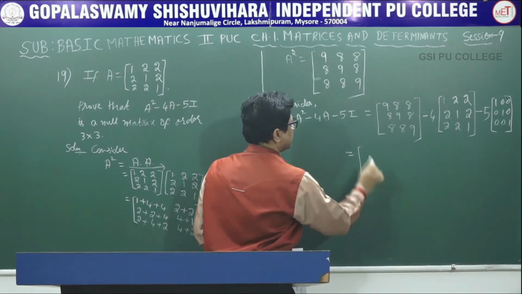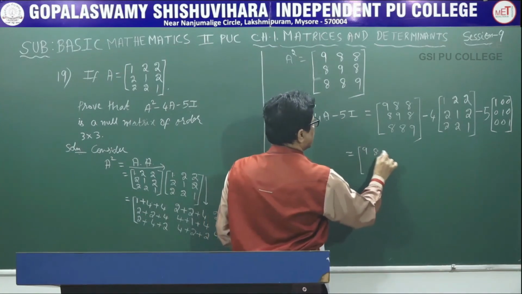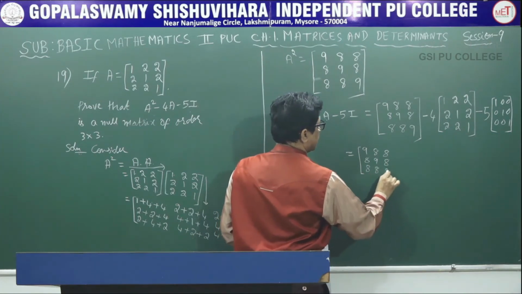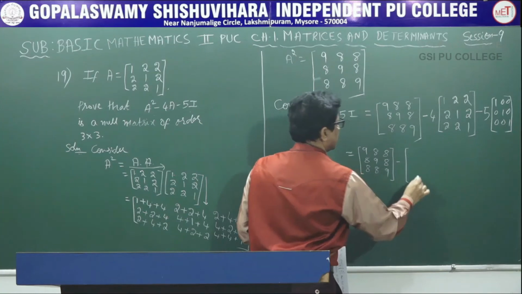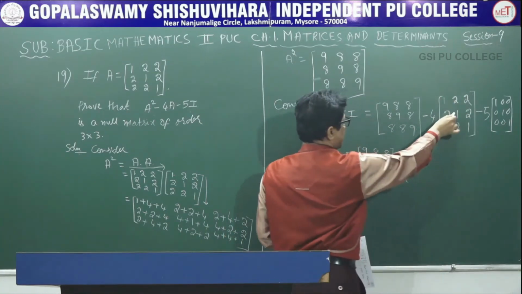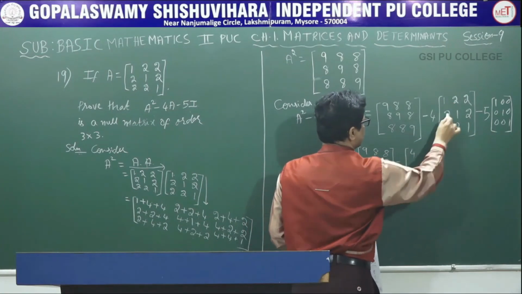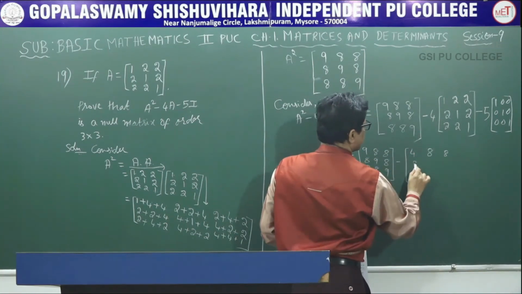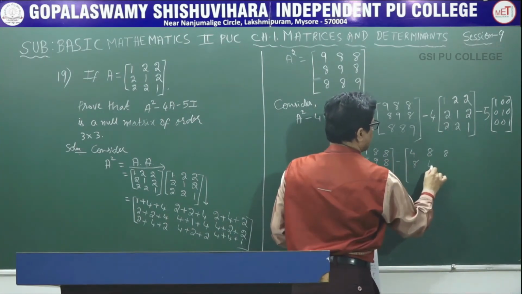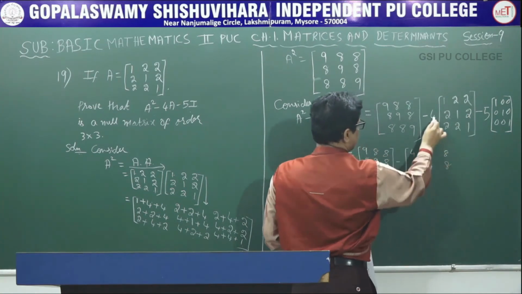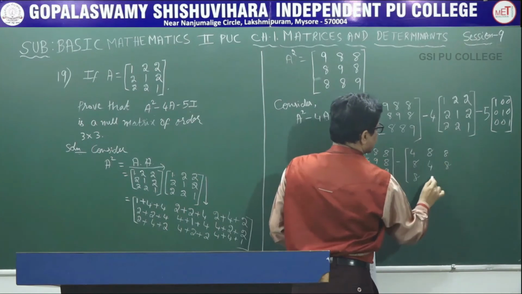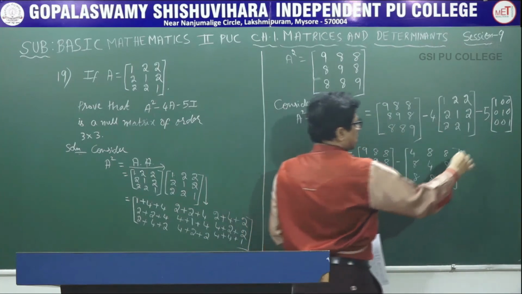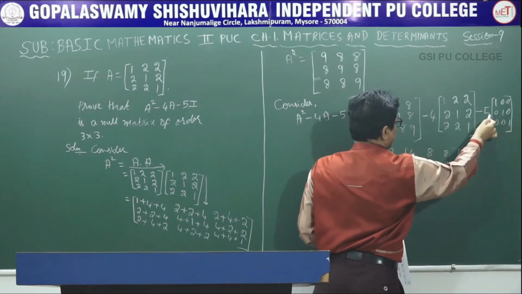So that will be equal to 9, 8, 8, 8, 9, 8, 8, 8, 9 minus, we multiply all the elements of this matrix by 4. So 4 1s are 4, 4 2s are 8, 4 2s are 8, 4 2s are 8, 4 1s are 4, 4 2s are 8, 4 2s are 8, 4 2s are 8, 4 1s are 4, minus, we multiply all the elements of this matrix by 5.